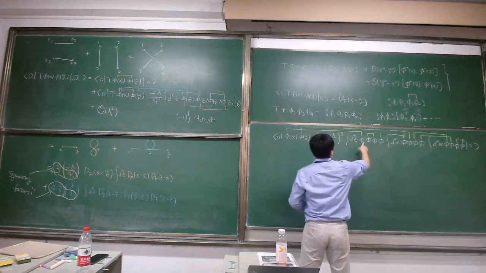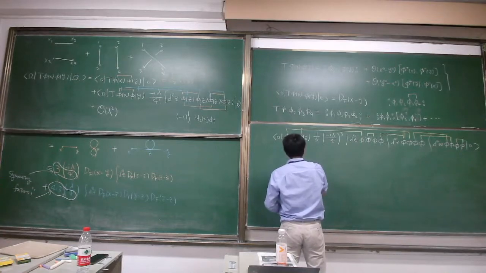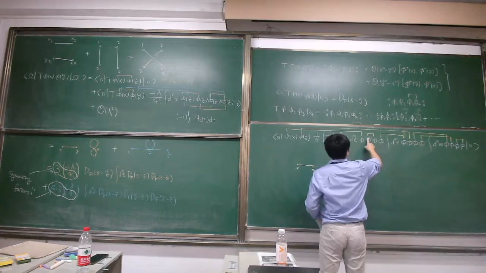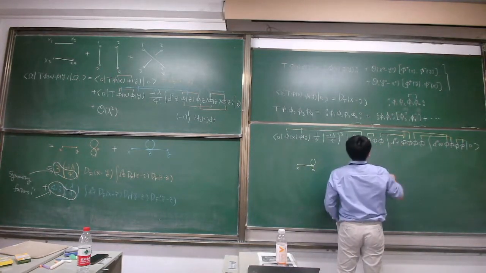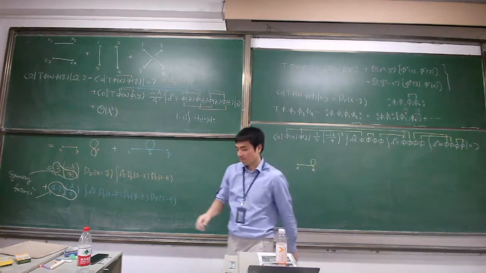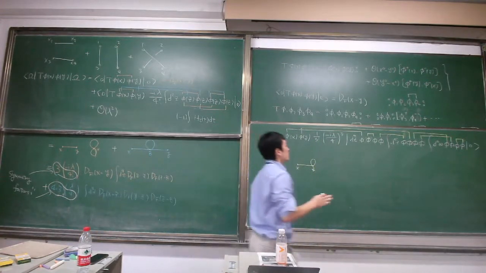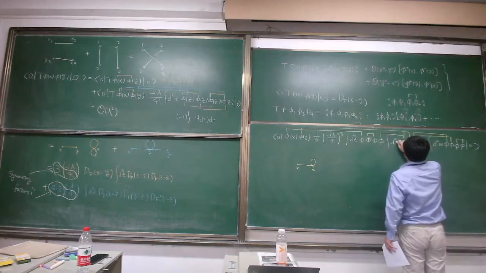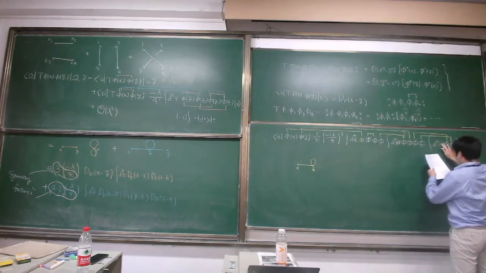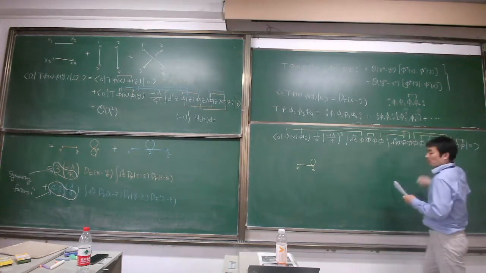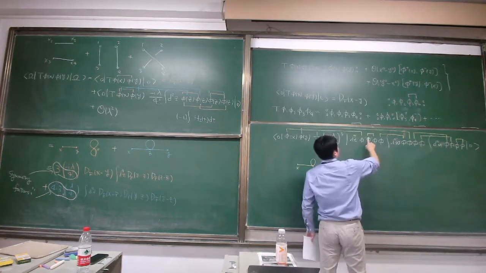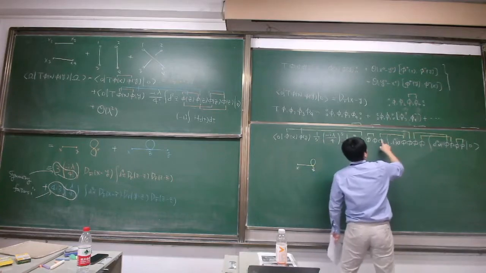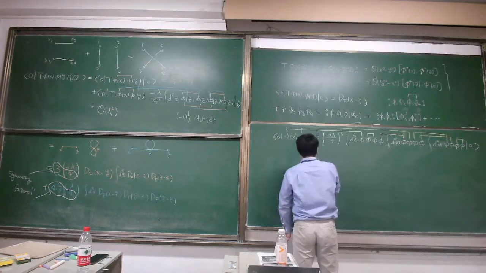So x goes to z, and then z goes to z. There's a one loop here, and z goes to... Oh, sorry. This should be w, and this should be u. So z goes to z, that will give you a loop. z goes to w, z goes to w.